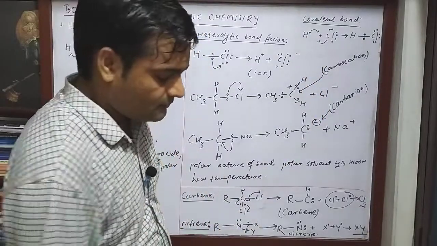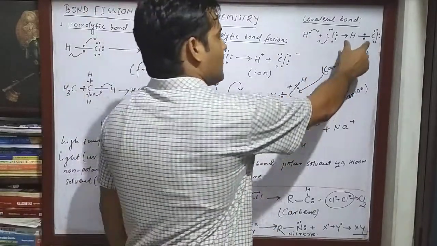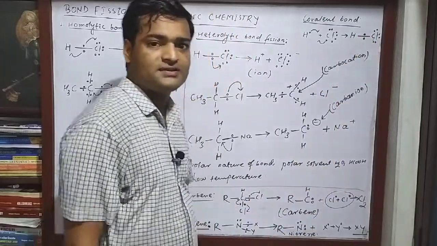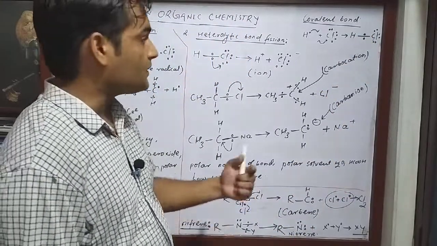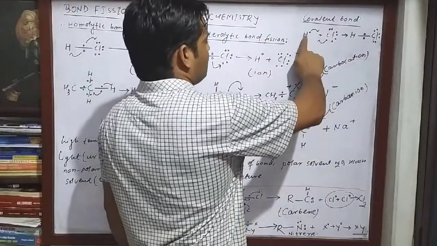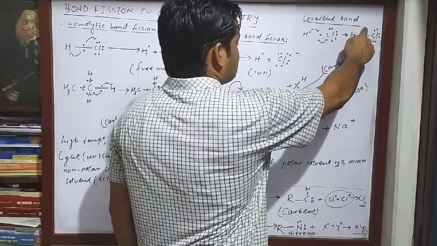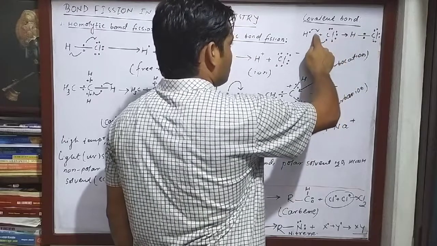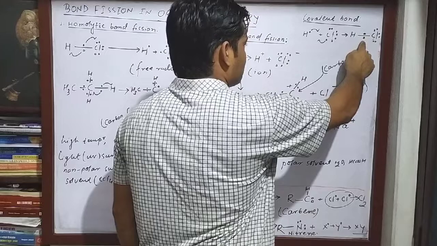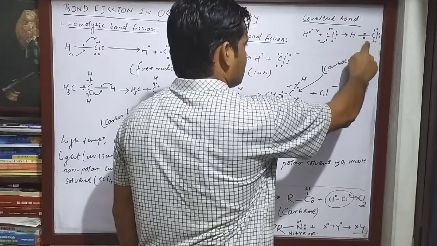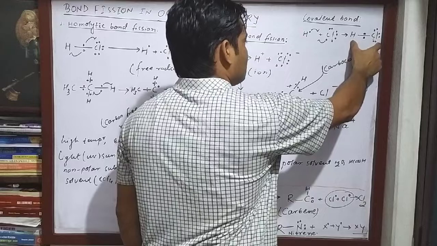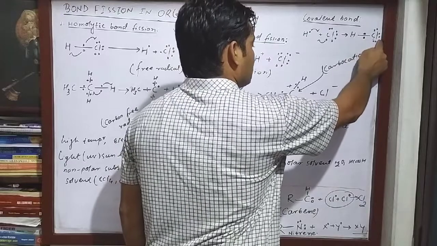And what is a covalent bond? When one pair of electrons is shared between the atoms, this is called a covalent bond. Here hydrogen gives 1 electron and chlorine gives 1 electron, and this pair of electrons is shared between hydrogen and chlorine.